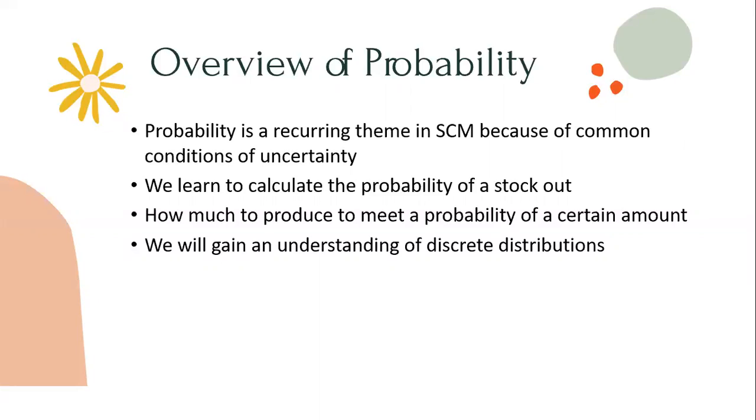Another important thing from the perspective of supply chain management is you can find out how much you need to produce to meet a probability of a certain amount. For example, let's say there is a huge increase in demand all of a sudden for a particular good, and you realize as a manufacturer that it's not possible to meet 100% of demand.